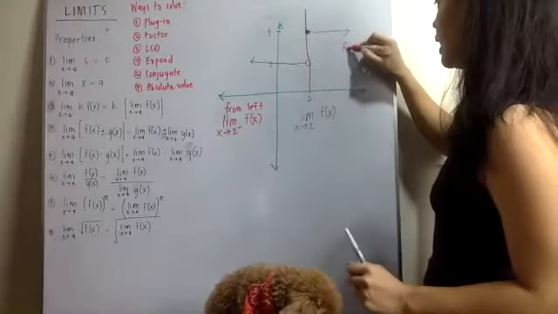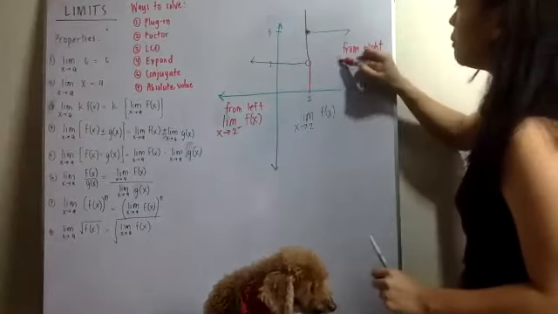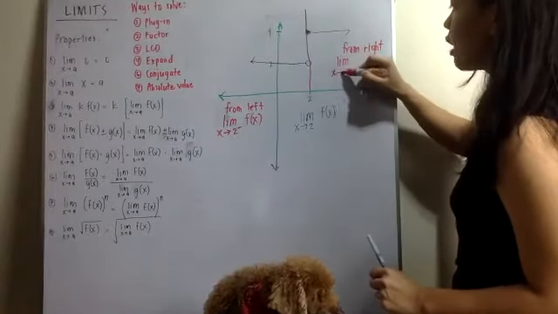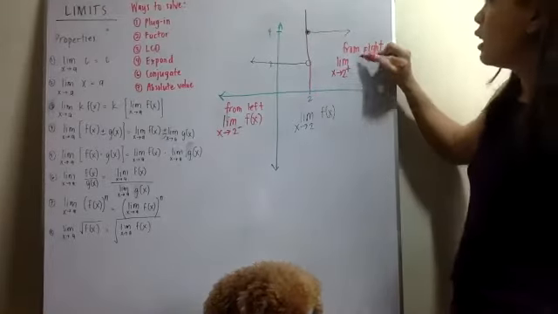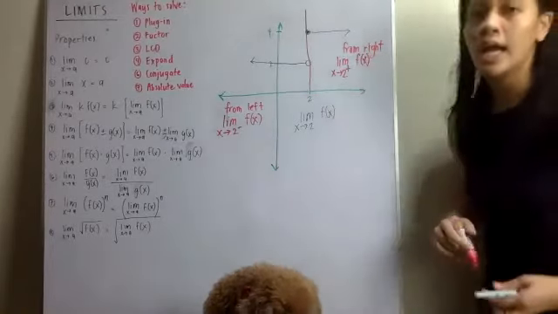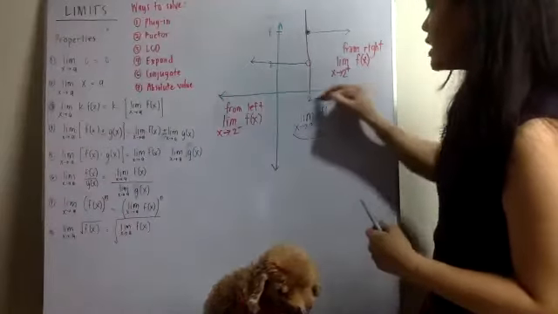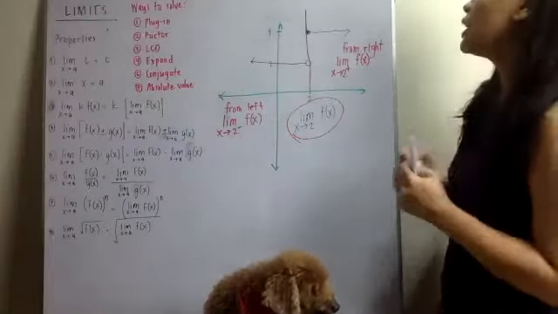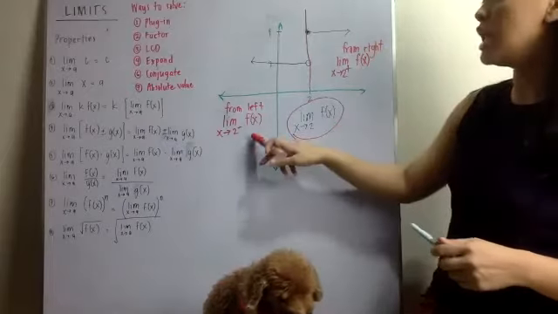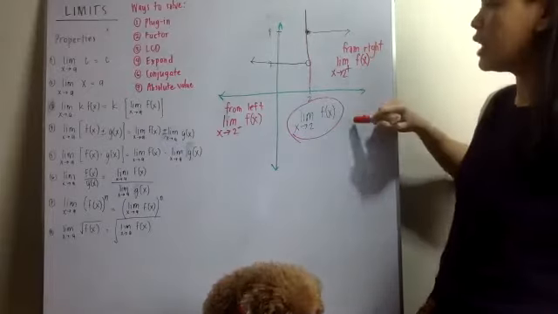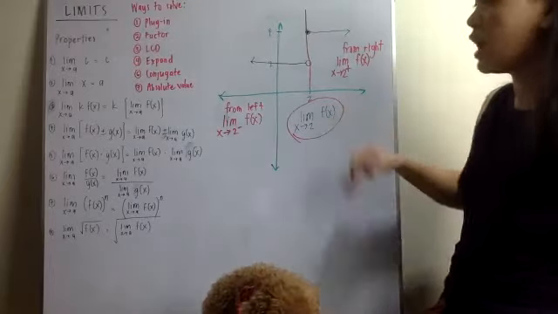From right side naman, limit as x approaches 2, may plus sign dyan or positive sign of f of x. Okay? So, kapag may ganitong tanong, for example, here, and meron tayong piecewise na function, tinitingnan natin yung left and right. So, dapat yung left side and right side natin ay equal para magkaroon ng value to.